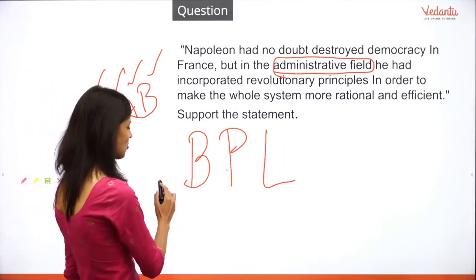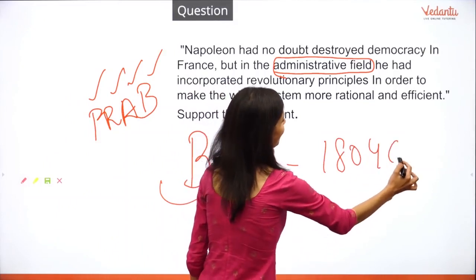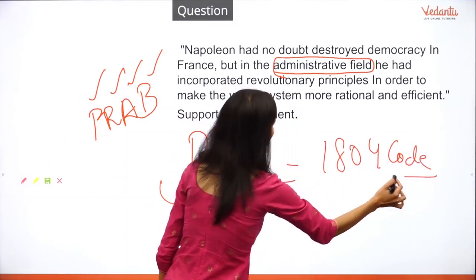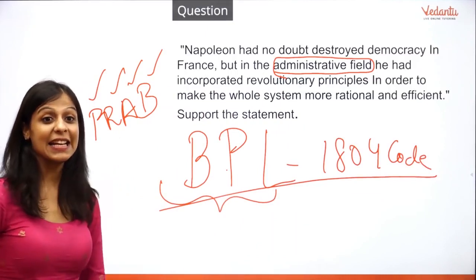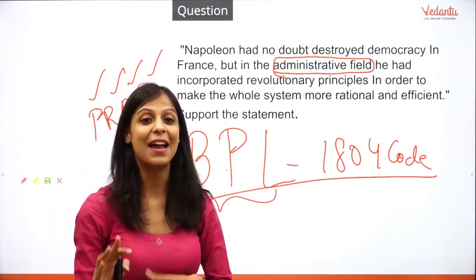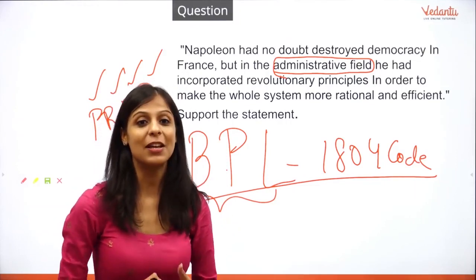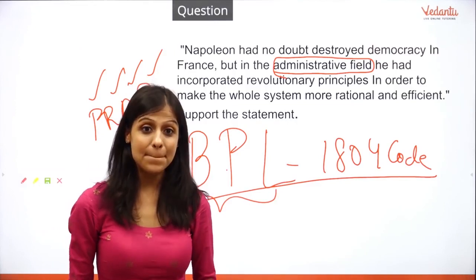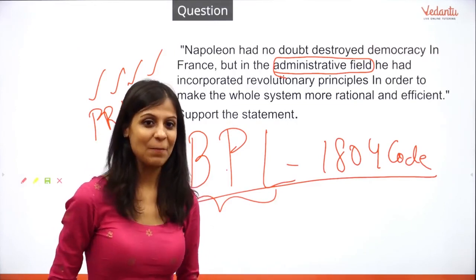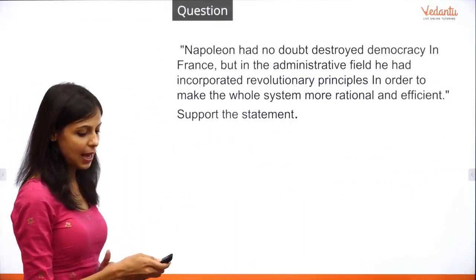BPL has something to do with a code, and I know you people are smart enough to understand that yes, there was a code introduced in 1804 by Napoleon, known as the Napoleonic Code, and that talked about three important things, that is BPL.